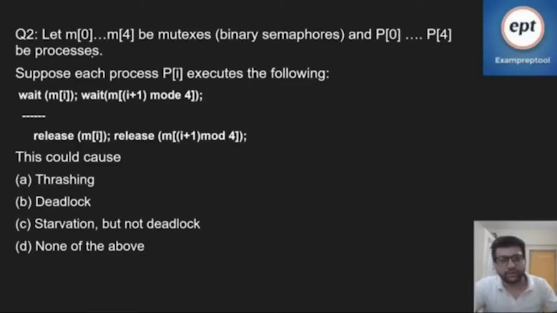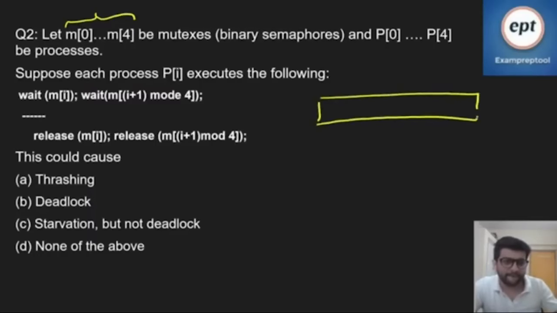Right. So we have been given that there are M0 to M4. These are mutexes, so we have an array of mutexes. Let me just create an array, which is 0, 1, 2, 3, and 4. So we have 5 mutexes and all these are binary semaphores.